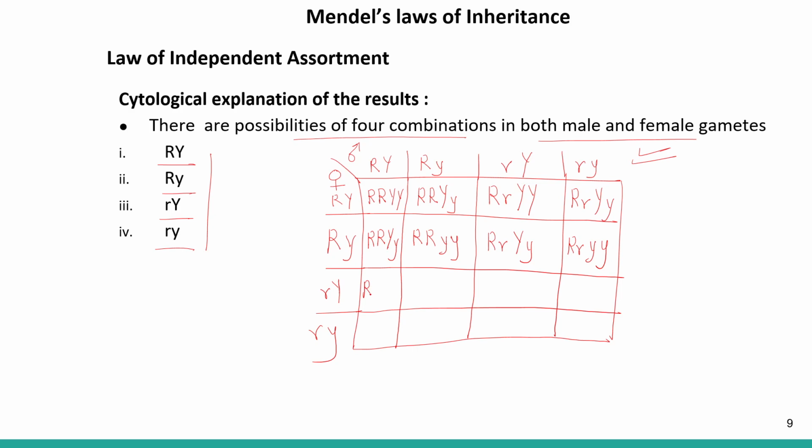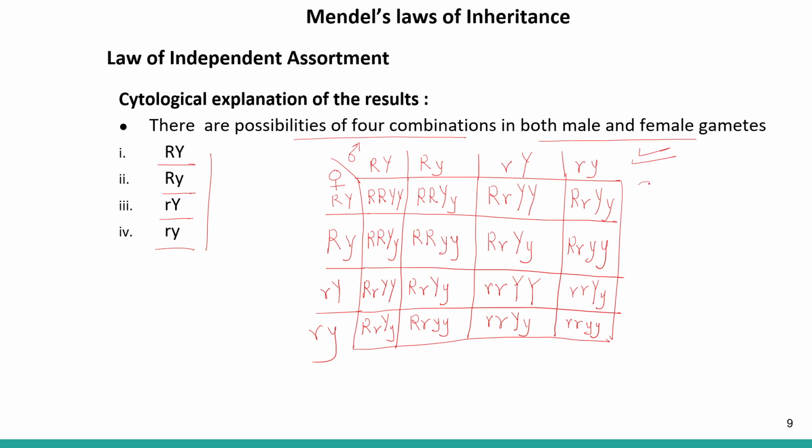Now here we will have capital R, small r, capital Y, capital Y, capital R, small r, capital Y, small y, small r, capital Y, small r, capital Y, small y, capital R, small r, capital Y, small y, capital R, small y, small r, capital Y, small y, small r, small y, small y.